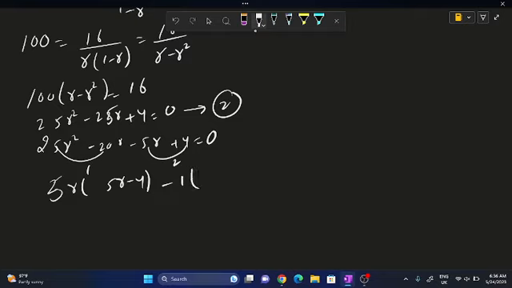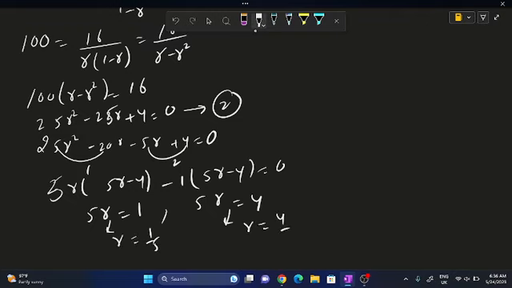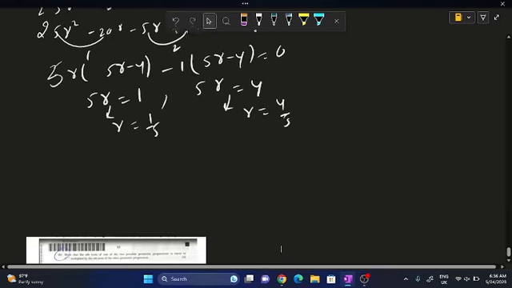Minus 1 can be taken as common from the second pair, and inside I have 5r minus 4, which equals 0. That gives 5r equals 1 and 5r equals 4. So r equals 1 by 5 and r equals 4 by 5. Now I have two values of r.